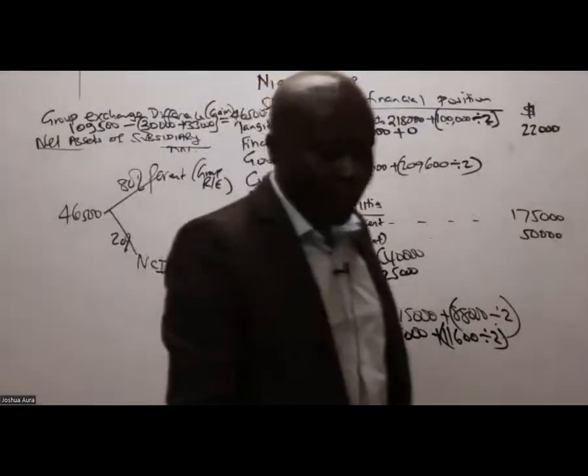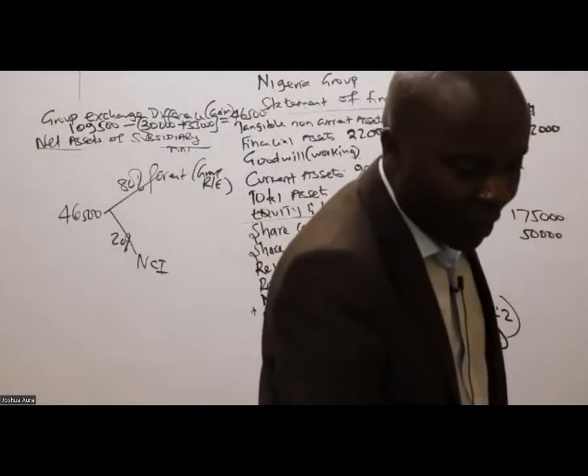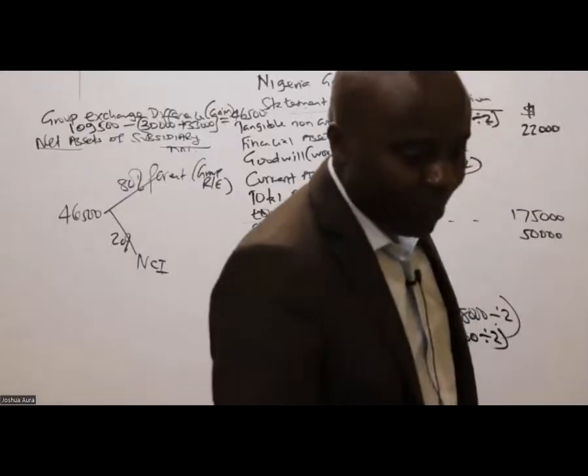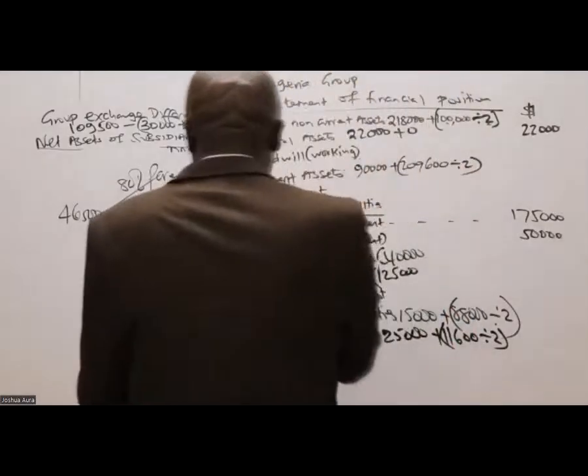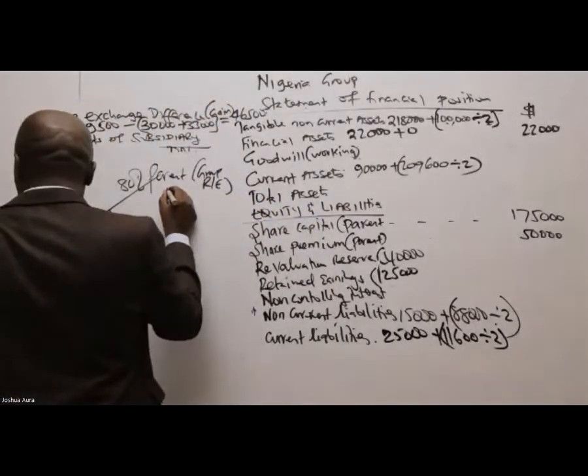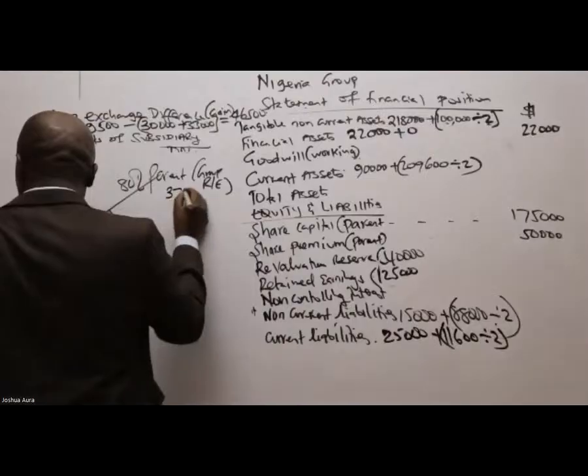I can see they have already given me the figures. The parent is 37,200.